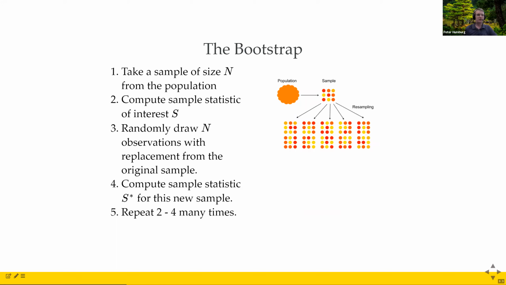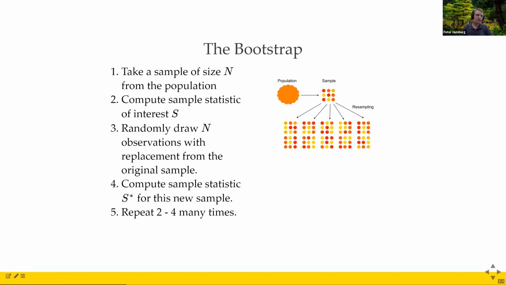And then for this new sample that we just created for ourselves, we can calculate the mean again, or whatever other statistics you might be interested in. Well, now we have two of them, and then we can do it again and again and again, quite a lot of times. That gives us a large number of resampled data sets.